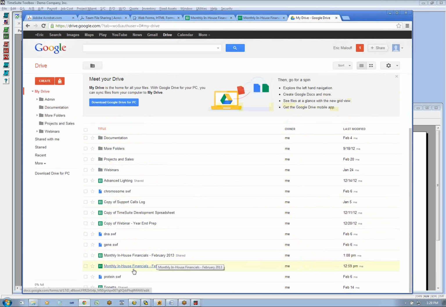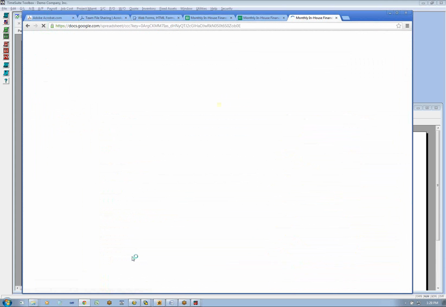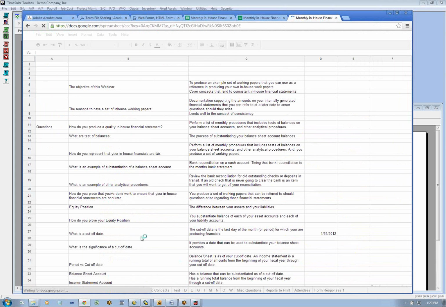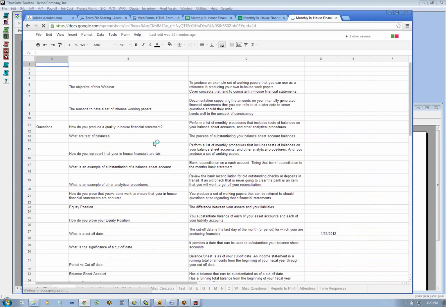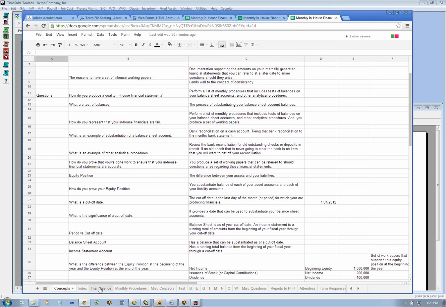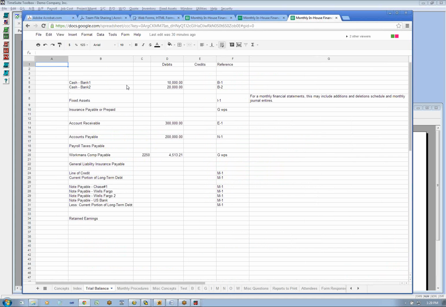We created it and it's right here. So this would be easy to pull up and see your substantiation. Your trial balance might just be what you scanned in as an image.